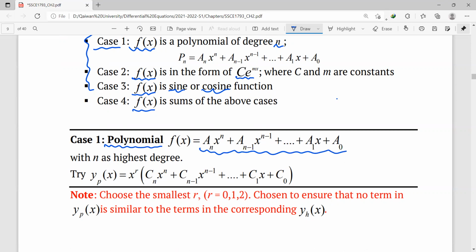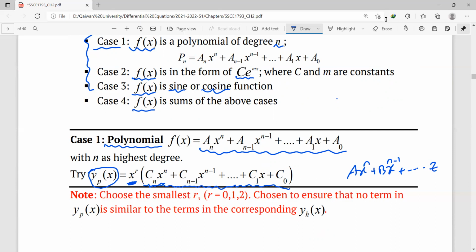We say yp equals x to the power r times Cn x to the power n, that is, a x to the power n plus b x to the power n minus 1, and so on, up to a constant, let's say z. We write down a general form of a polynomial of the same degree as we have on the right hand side.